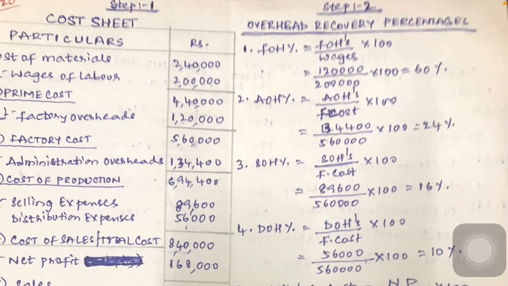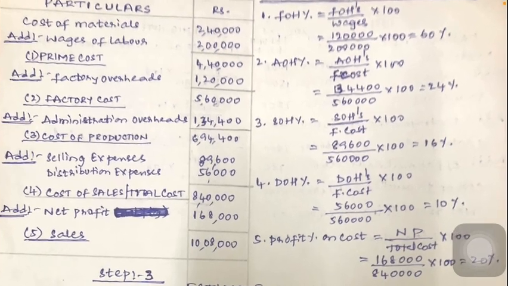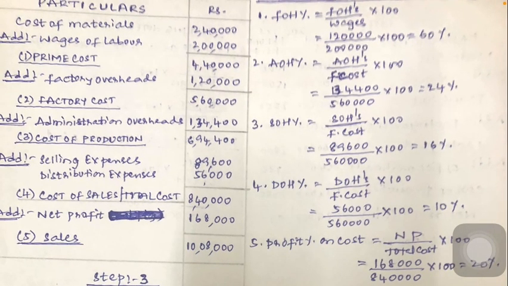Then administrative overhead percentage, AOH percentage. Administration overheads divided by factory cost into 100, which is 24%. Then selling overheads percentage, SOH percentage, selling overheads divided by factory cost into 100, 89,600 divided by 5,60,000 into 100 is 16%. Then distribution overhead percentage, distribution overheads divided by factory cost into 100, which is 10%.